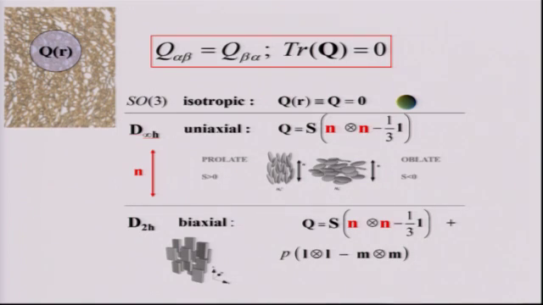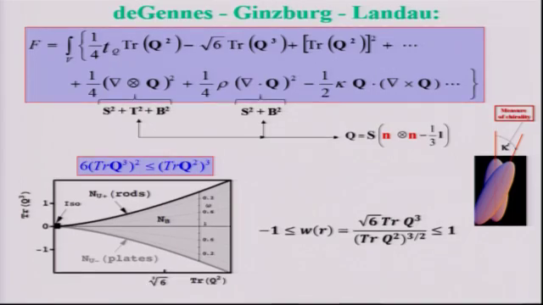As early as the 70s, de Gennes formulated a very simple expansion based on this idea that allows us to explain basic properties not only of nematics, but also of cholesterics. This theory comprises 3 different sorts of terms.